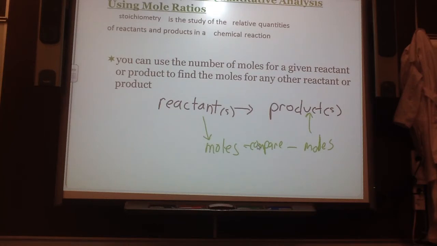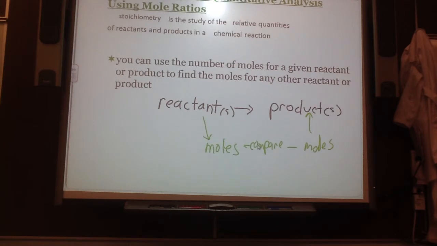Okay, so how do you think we do a comparison? If we're making, say, magnesium oxide from magnesium and oxygen, and I start with 2 grams of magnesium, I calculate it into moles. How would I know how much magnesium oxide I make? What do I have that gives me a comparison?